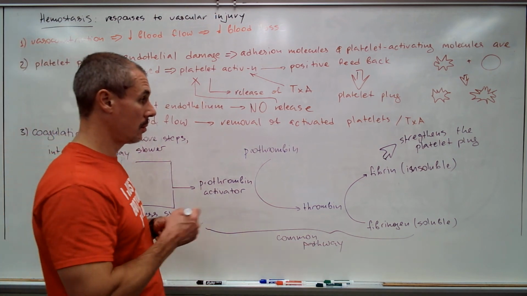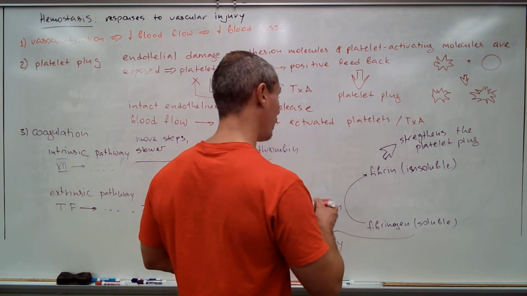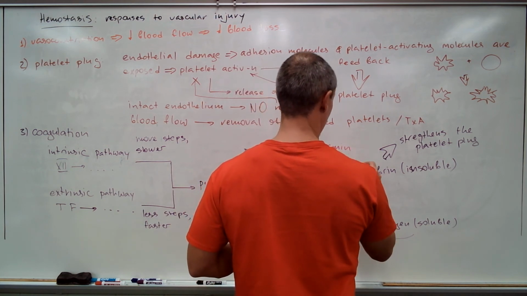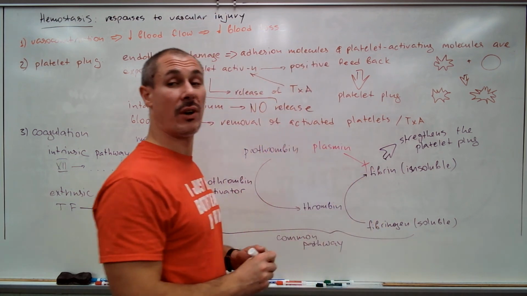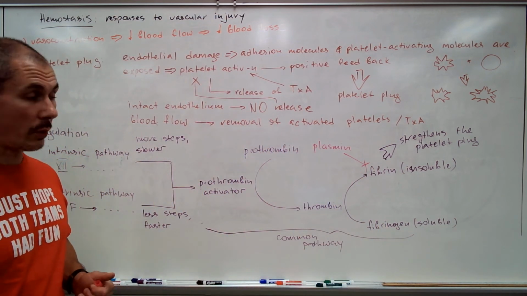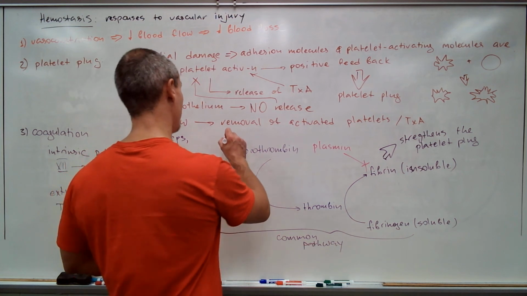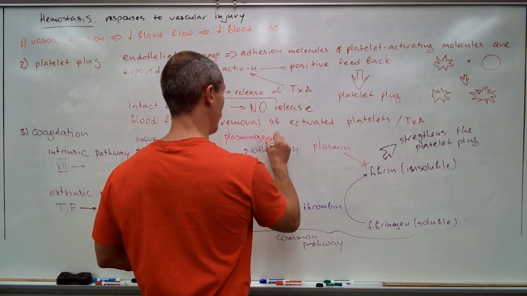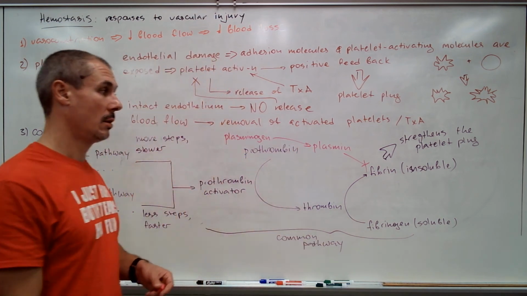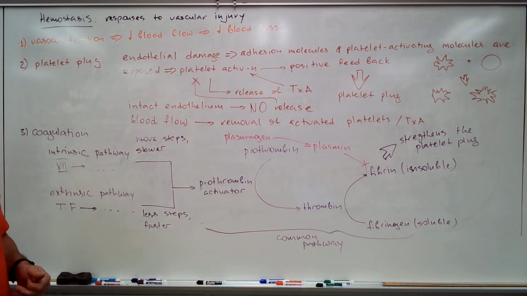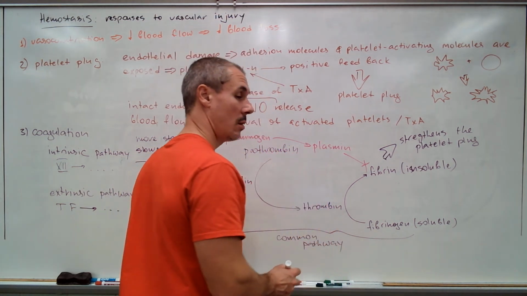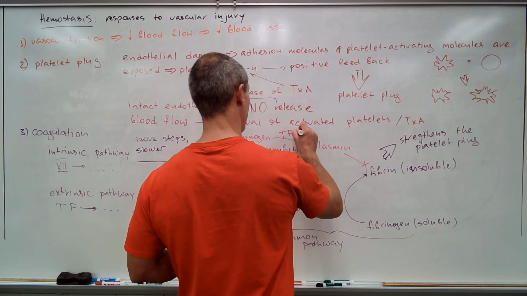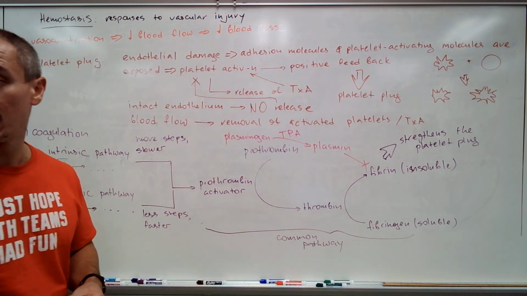And endothelium produces a molecule called plasmin, which destroys fibrin. That's one way to control it. Plasmin is derived from the molecule called plasminogen, and plasminogen is converted into plasmin by another enzyme creatively called tissue plasminogen activator, tPA.